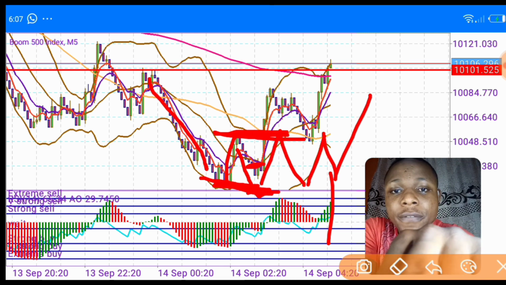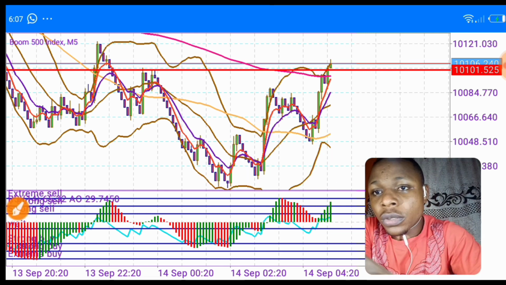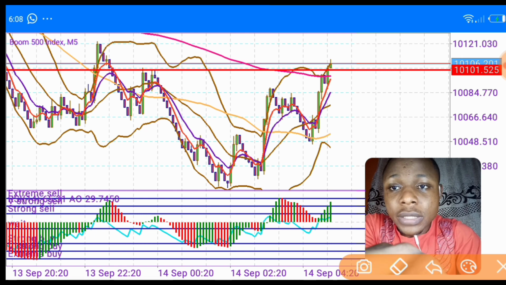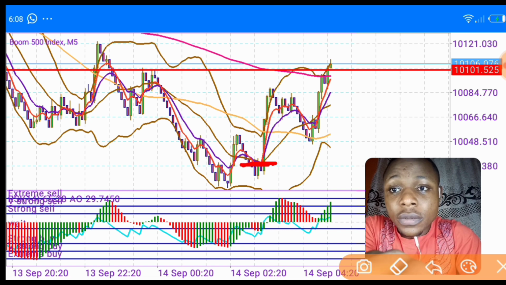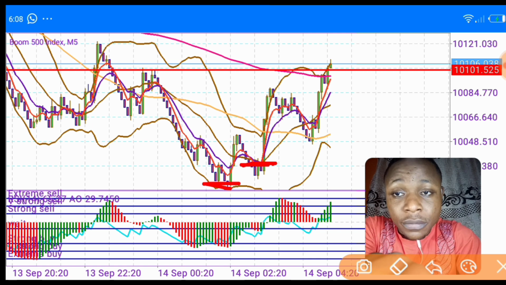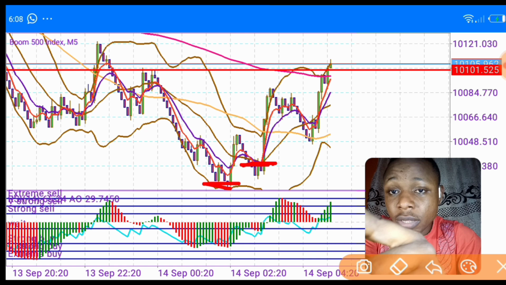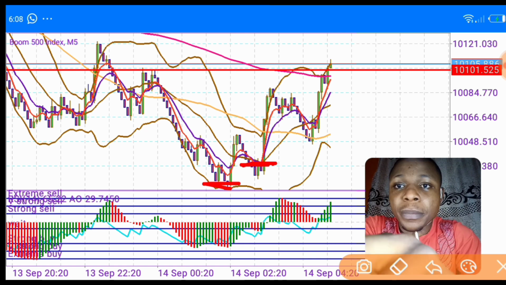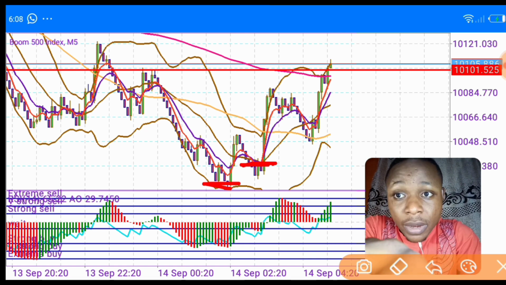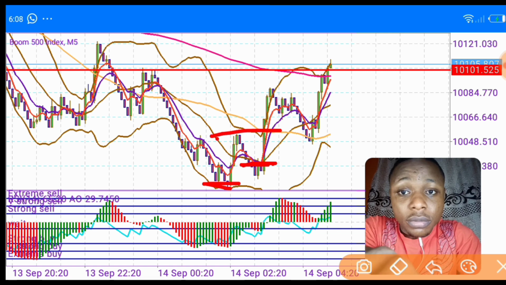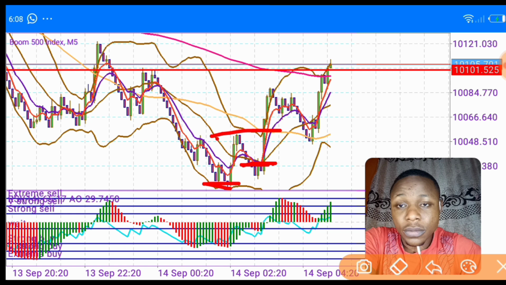But if the second pullback doesn't get to the previous support level, just prepare for a longer buy, or a longer sell if it's on crash. That means it will break this support or resistance.